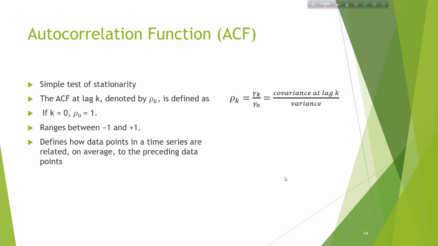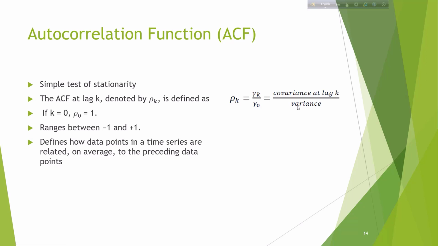Autocorrelation function. One of the simplest tests of stationarity is based on the so-called autocorrelation function, ACF. The ACF at lag k, denoted by rho k, is defined as rho k is equal to gamma k by gamma 0, which is the covariance at lag k divided by the variance. What is lag?